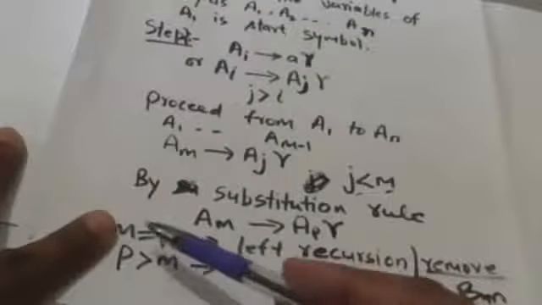When p is greater than m, it is in the required form and satisfies the condition. But when p is equal to m, there is left recursion, and we have to remove it from this production. So we will introduce a new variable Bm in grammar G and remove the left recursion from this production.